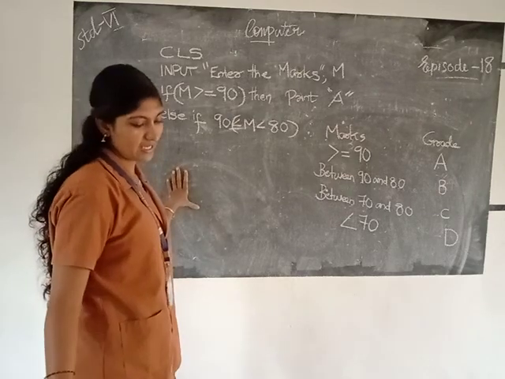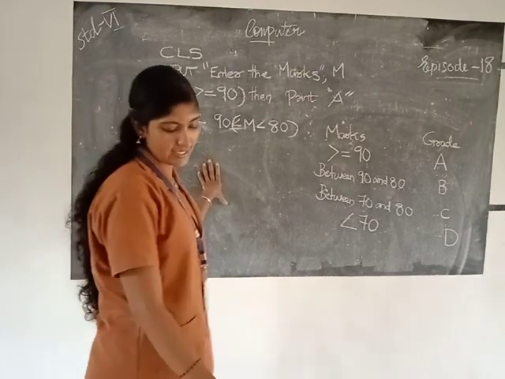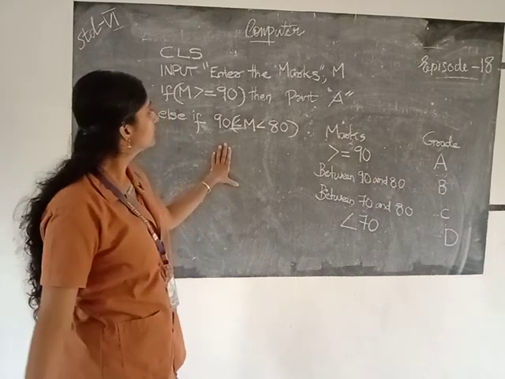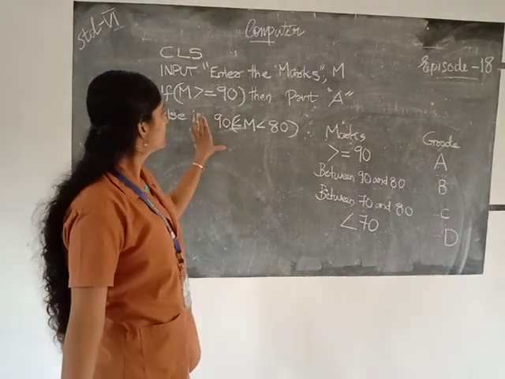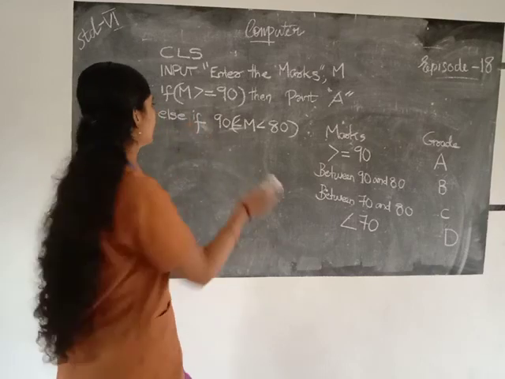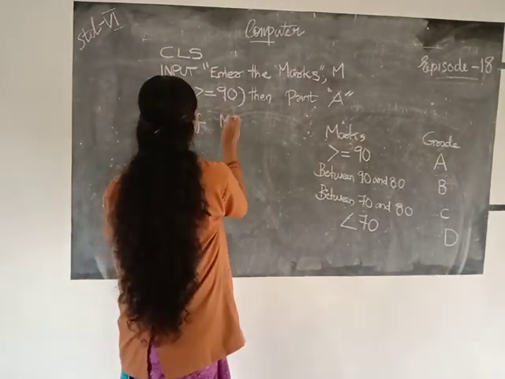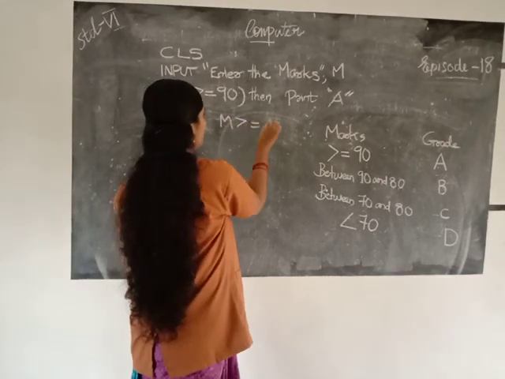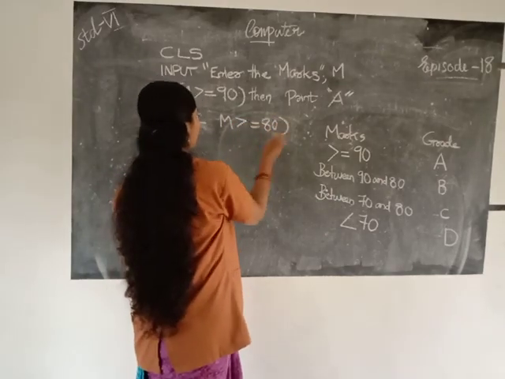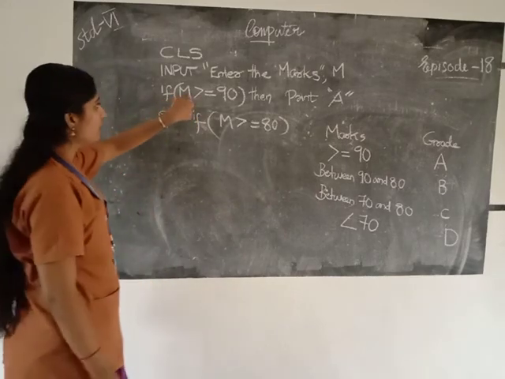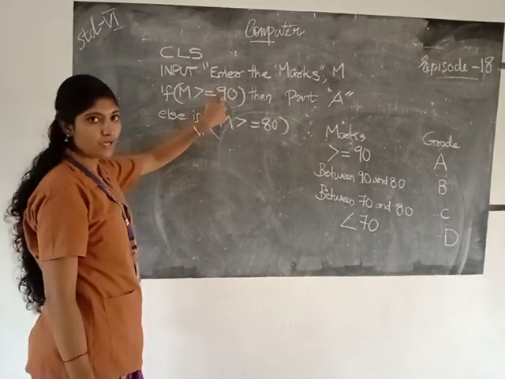That means ELSE IF M greater than or equal to 80. Here the numbers start from 90 and above.